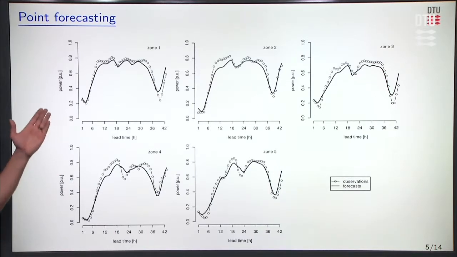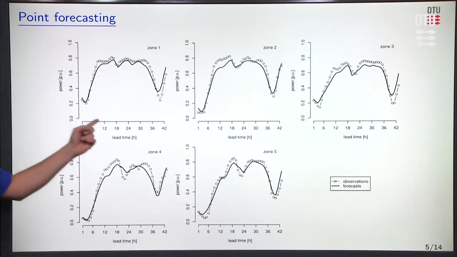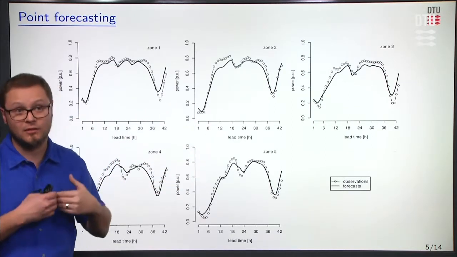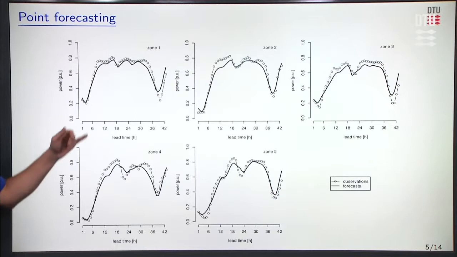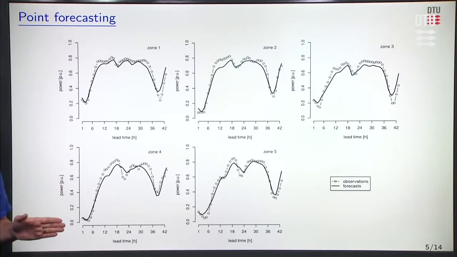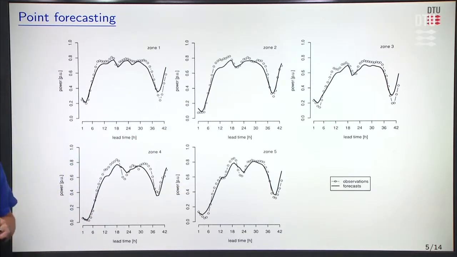Since these zones are actually next to each other, there are some similarities in the pattern, so the development of wind power generation will be quite similar, even though there are going to be some local effects, some time delays if the weather fronts are moving, for instance, from west to east, so that will impact the shape of this forecast. These 5 plots are for a given time, for the following 40-something lead times, and for the 5 areas that we defined for Western Denmark.